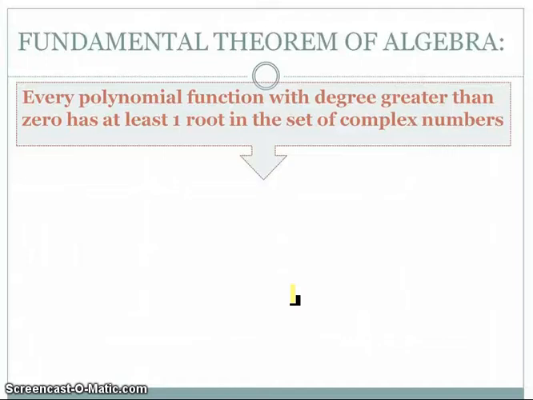So one of the most important ideas in this chapter, and this leads us to all of our work with solving polynomial functions, is the fundamental theorem of algebra. And most notably, one of its corollaries, and we'll get to that in just a minute. The fundamental theorem of algebra says that every polynomial function with a degree greater than 0 has at least one root in the set of complex numbers. I think sometimes when you read theorems like this, it's hard to really know what they're saying.